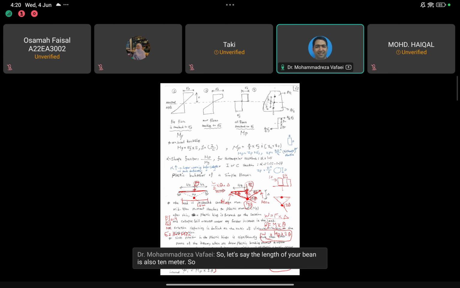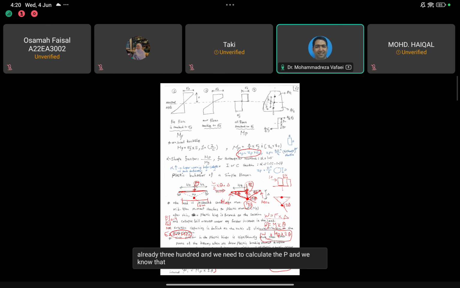So for this section, by referring to this equation, you can easily calculate how much force it can carry before it collapses. The first thing that you need to calculate is MP, and you know that MP equals to ZP multiplied by sigma y. So sigma y is given to us already, 300, and we need to calculate ZP.